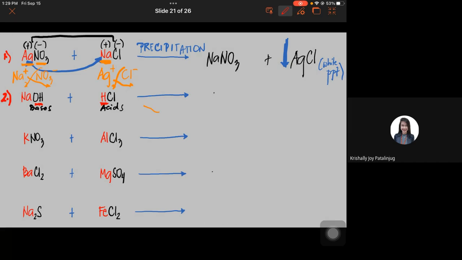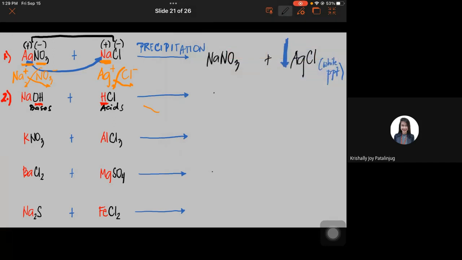So that's the difference between components of acids and components ng base. Kapag hydroxides, bases, if they contain proton, then acids. Since acids are proton donor, so they should contain proton.